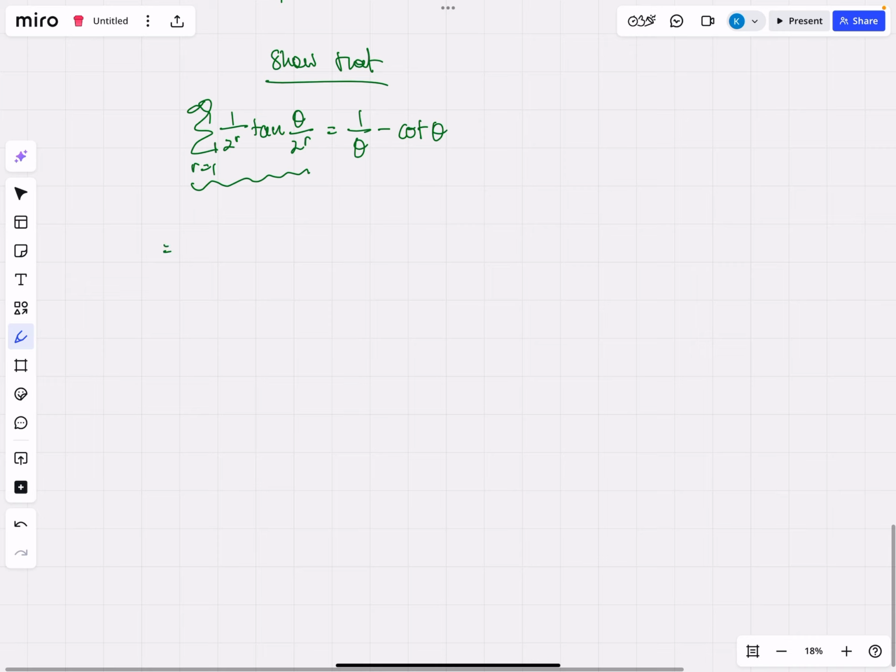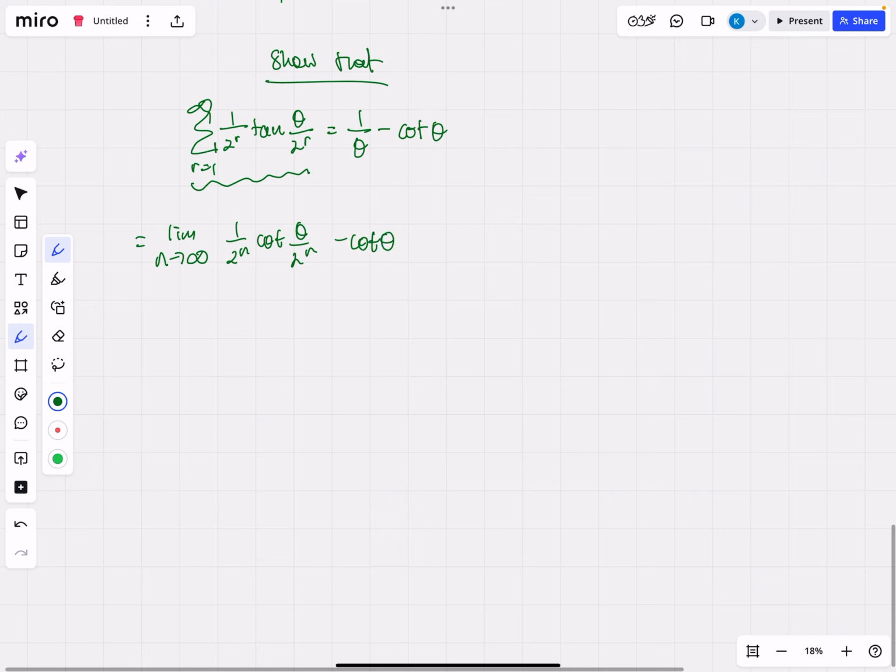This sum is going to be equal to 1 over 2 to the n cot theta over 2 to the n. And it's actually going to be the limit as n tends to infinity of this minus cot theta.